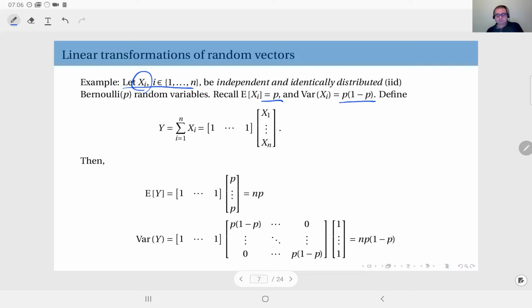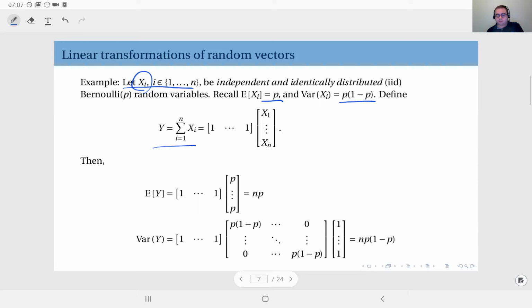At this point, we define the random variable y as the sum of these Bernoulli p random variables. Now, you should be able to tell what distribution y has. You have n independent Bernoulli p random variables, and you are adding them up. A Bernoulli random variable is either 1 or 0, depending on the probability p. So when you add them up, what you get is the number of successes in n independent trials.